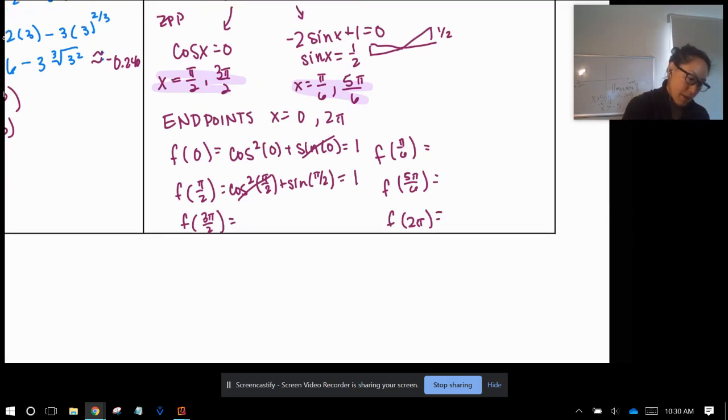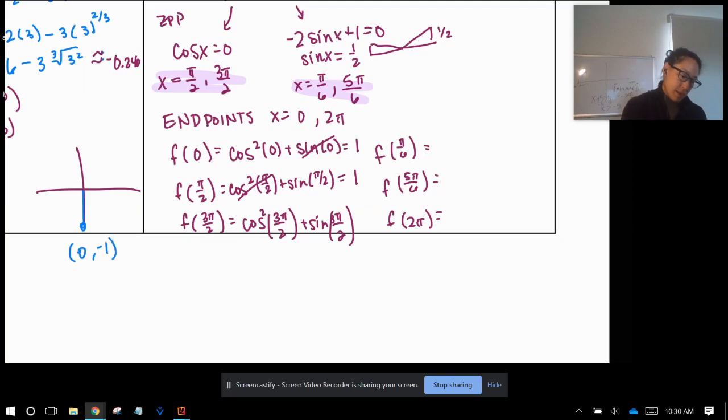Then I have cosine squared 3 pi over 2 plus sine 3 pi over 2. You can draw your little unit circle if that helps. So on the coordinate here, 0 comma -1. So cosine 3 pi over 2 is 0, and sine 3 pi over 2 is -1. Okay. So I get -1.